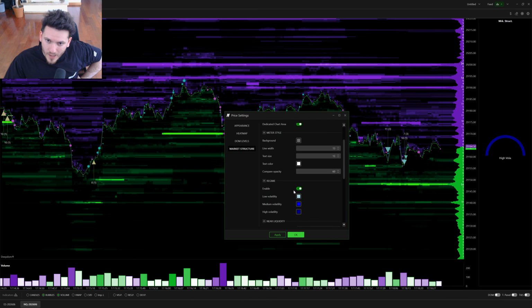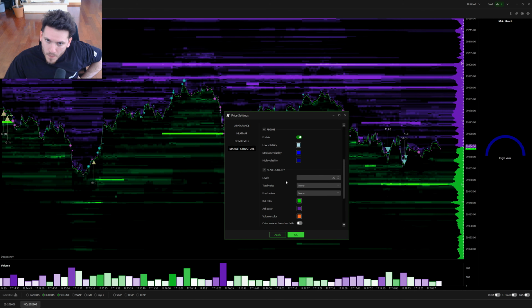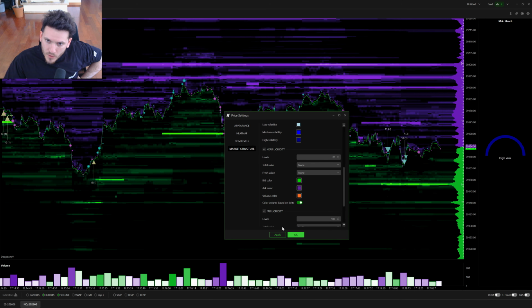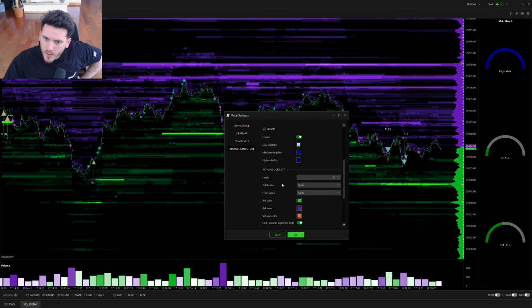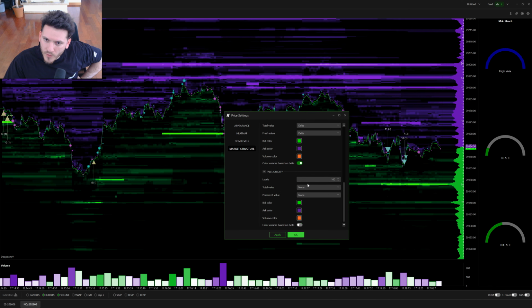And I'm going to also have not just the regime, but also the near liquidity filter with delta on both. Or maybe I cannot do this yet, but oh yes, I can. Okay, perfect. And I can do this also for the far liquidity. This is still basically a liquidity tracker.